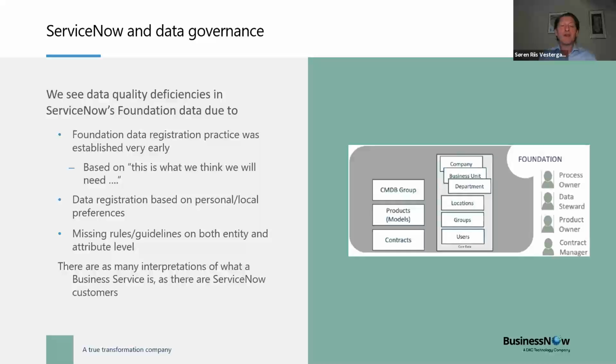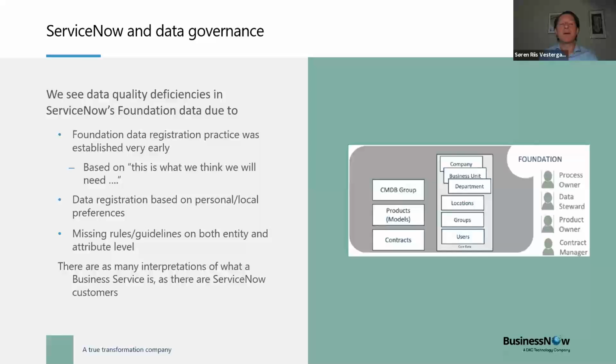If such an agent doesn't have a good understanding of how data should be registered to ensure that it is valuable further on in the value chain, then the value you can get from your ServiceNow platform will be challenged.